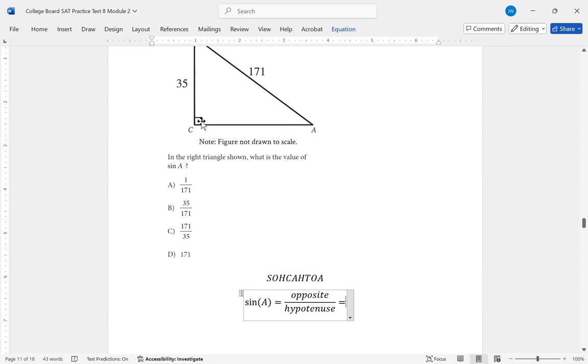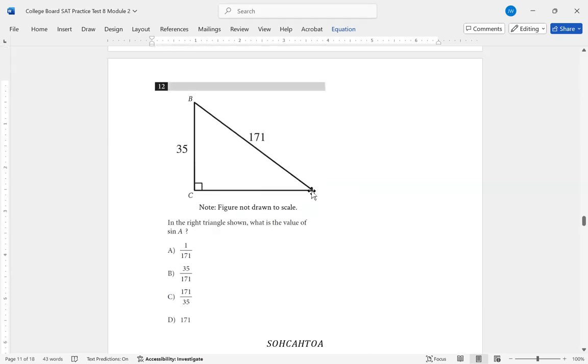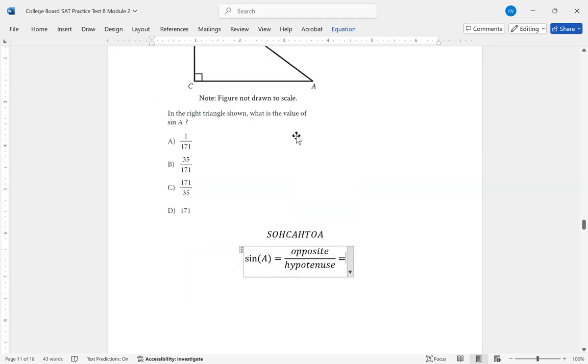And the hypotenuse is the side opposite of the 90-degree angle. So the side opposite of A is 35. The hypotenuse is 171. And that's all we have to do. 35 over 171 is going to be my answer. And so that's option B. 35 over 171 is the sine of A. So option B is the answer to this question.